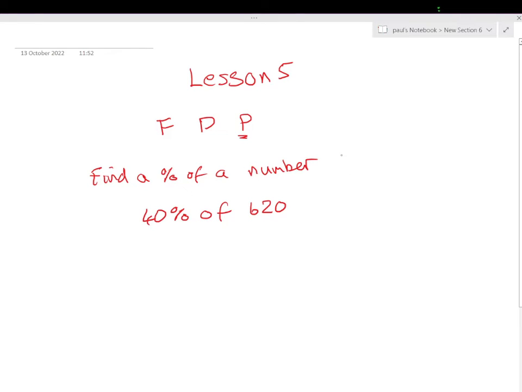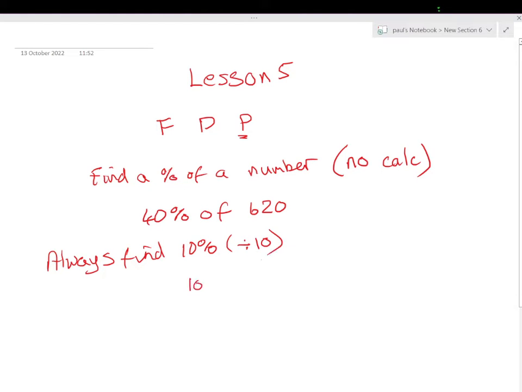Now, this is no calculator. So first of all, we always find 10%. And to find 10%, we just divide this number by 10. So 10% is 62.